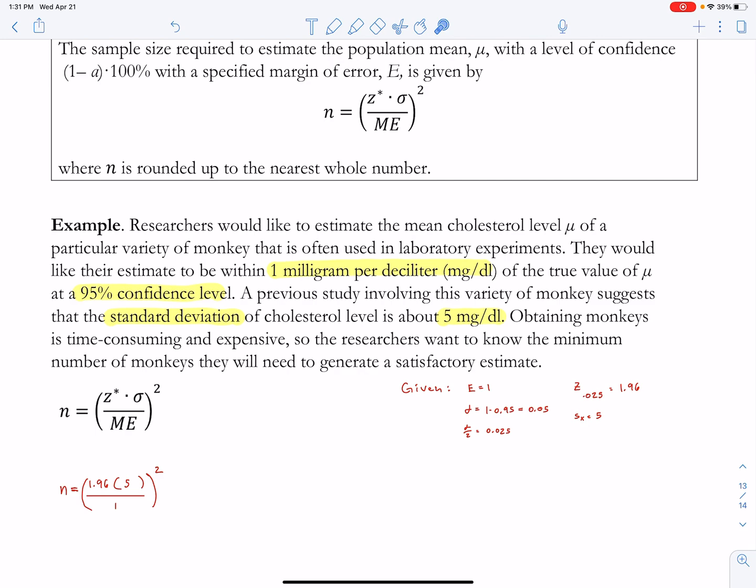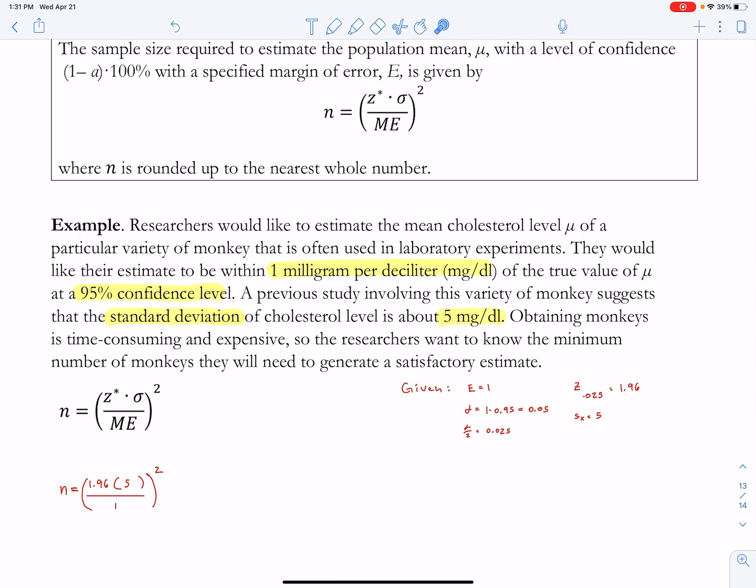They would like their estimate to be within 1 milligram per deciliter of the true value of mu at a 95% confidence level. A previous study involving this variety of monkey suggests that the standard deviation of cholesterol level is 5 milligrams per deciliter. Obtaining monkeys is time-consuming and expensive, so the researchers want to know the minimum number of monkeys they need to generate a satisfactory estimate.